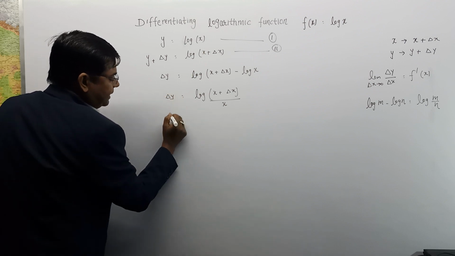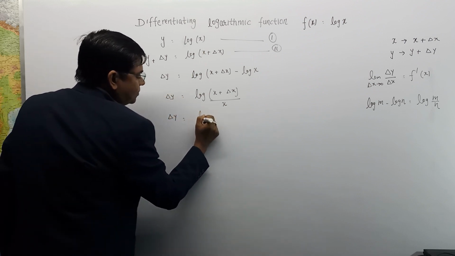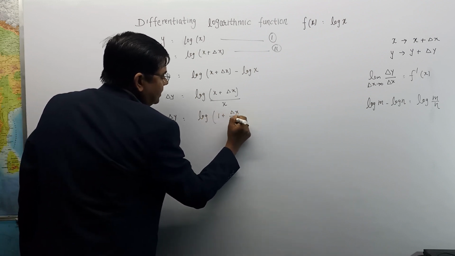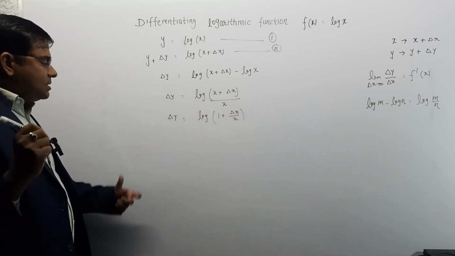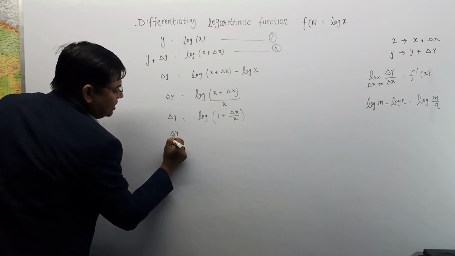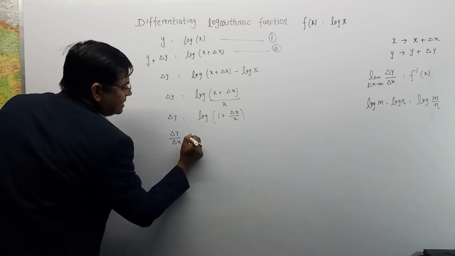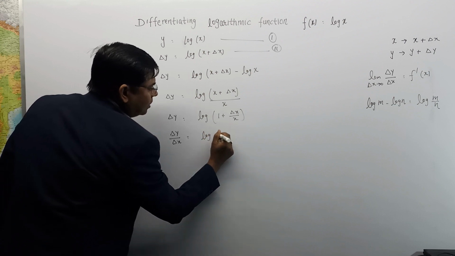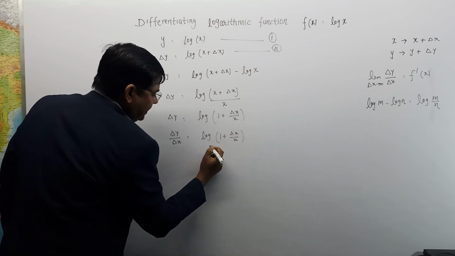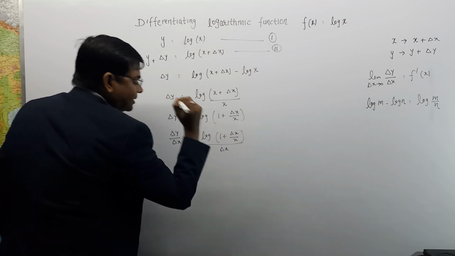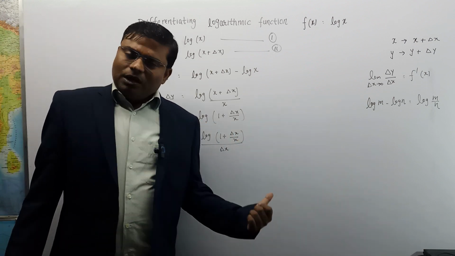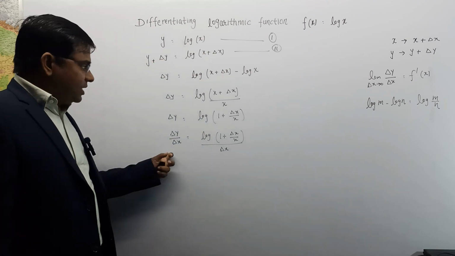Now this can be written as del y is equal to log(1 plus del x over x). Okay, so this is the change in y. So change in y with respect to change in x, del y over del x is equal to log(1 plus change in x over x) divided by del x. तो ये हमारा रेशियो आ गया infinitesimal change in y with respect to infinitesimal change in x.